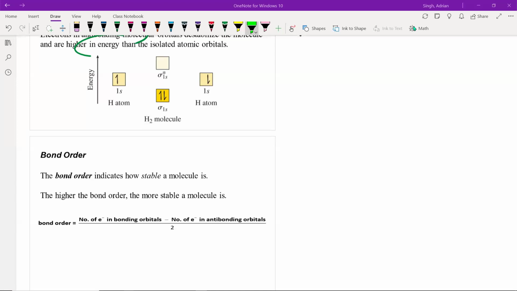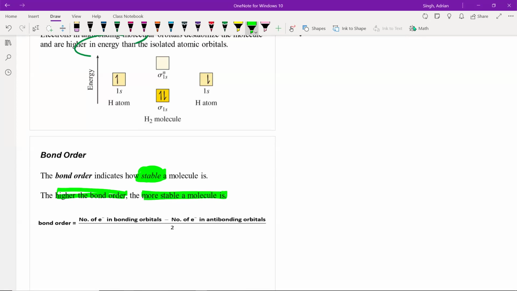So the bond order will tell us how stable a particular molecule is. And again, stability is really the driving force for chemical reactions and chemical properties. When we calculate the bond order, it's a very simple interpretation: the higher the value for the bond order, the more stable that molecule is.